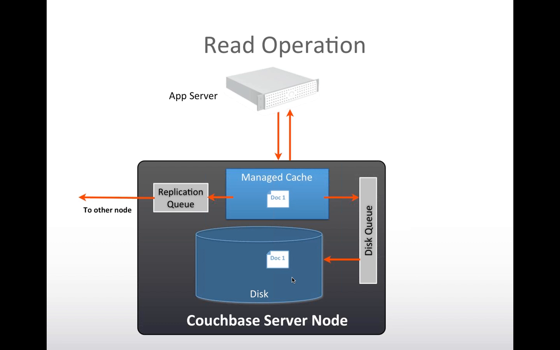When you want to read the data, most of the time, depending on the sizing of your cluster, you will get the data directly from memory on the server. This means that we are a very, very, very fast database. If you want to know which protocol we use between the application server and the database, we are using a protocol based on the memcached protocol.